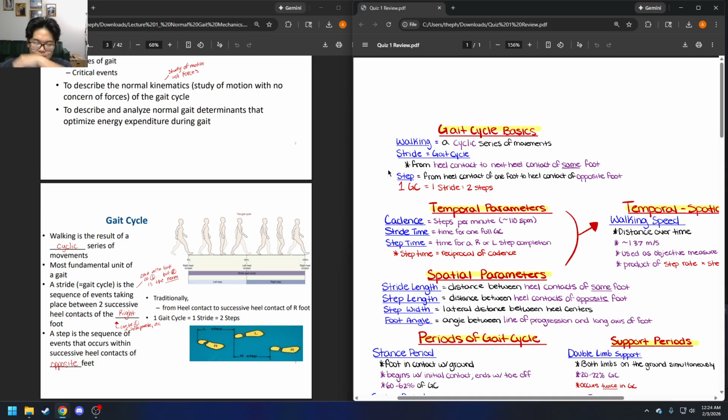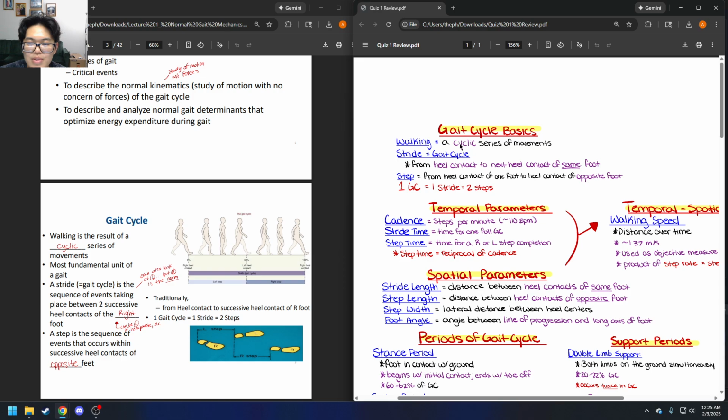So it is going to be heel contact with my right, there's a heel contact on my left, and then the next heel contact on my right again will be one gait cycle. And it's important to know this because a successive heel contact from your right foot to the same heel contact of your right foot is a stride, which is a gait cycle.